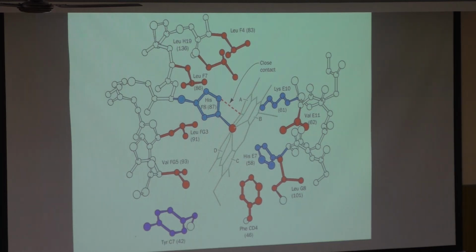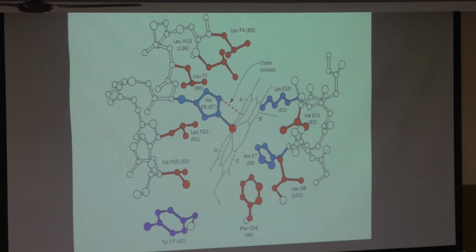So that's why it's called distal. Though it comes early, at 58, as it is far away from the iron, because here only the oxygen will bind. And here the oxygen will bind, and there is an interaction between this histidine and this oxygen. So that's why it's called a distal histidine.